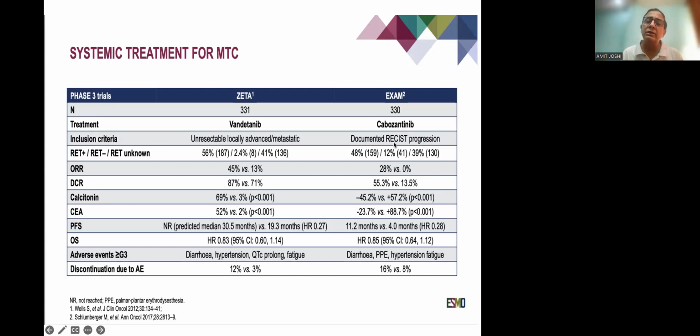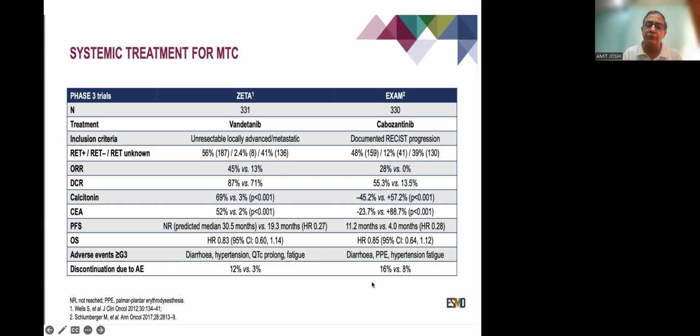In a day-to-day setting, a patient presenting with asymptomatic liver metastasis, if the disease is not progressing, we do not jump to start therapy. If the patient is asymptomatic with tiny multiple lung nodules, we just keep calling the patient and doing subsequent radiological imaging. When there is a clear-cut radiological progression, then we start the treatment. From that point of view, the cabozantinib trial seems to be much better.